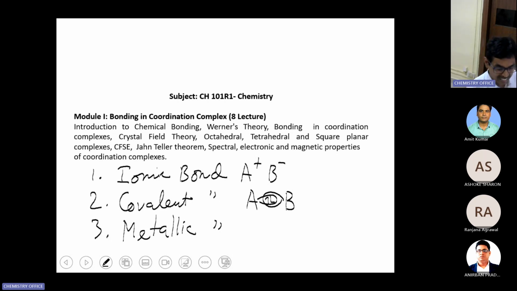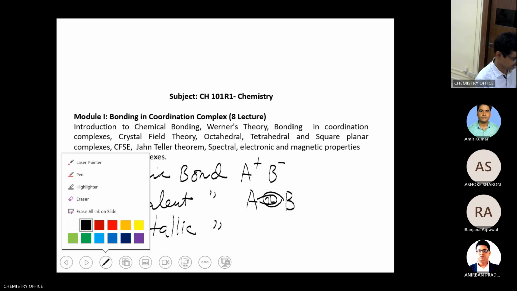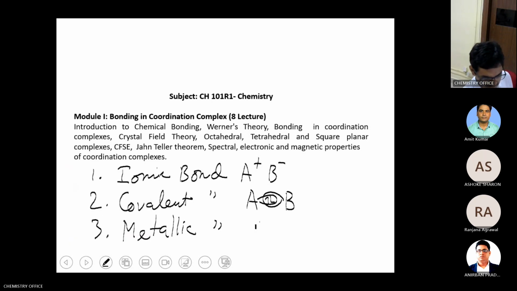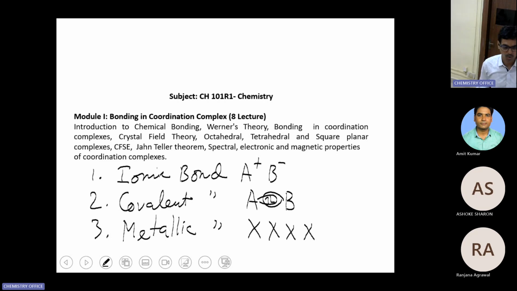In the third case, all the participating atoms are electropositive in nature, and they share their valence electrons to form a band type structure to form a metallic bond. So these are the three types of bonding available in a chemical bond.